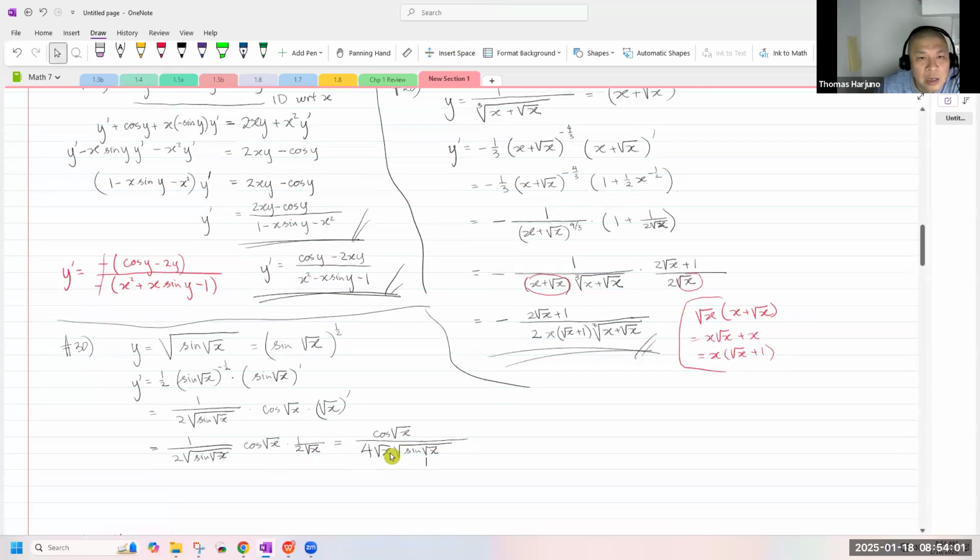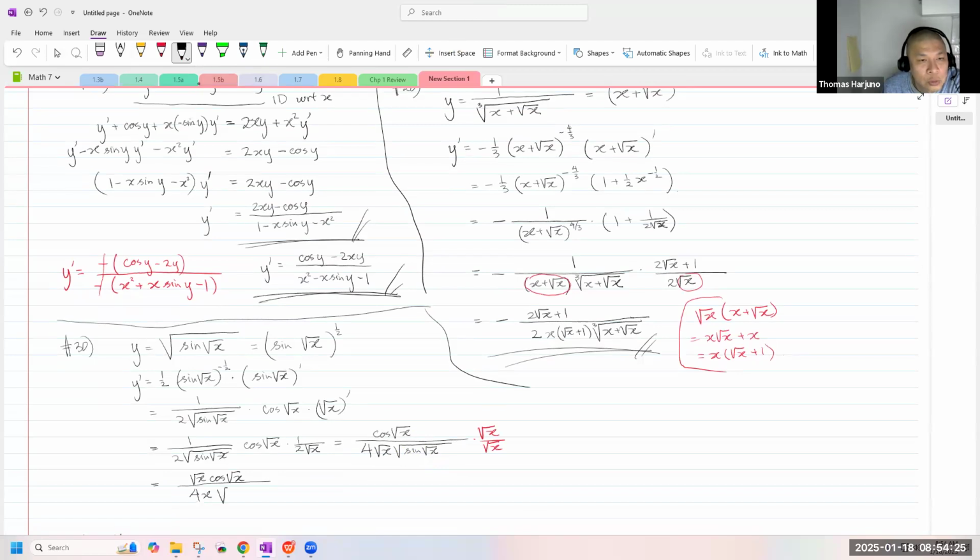Either you put the radical x inside the square root of sine x, which I don't think is what we would like to do, but we rationalize the square root of x. I multiply the top and the bottom by square root of x. That's what I did. That way, at least I don't have square root of x at the bottom.